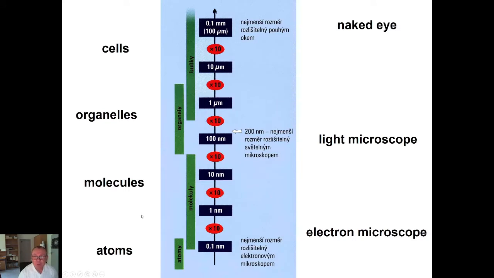You already know that we have to use light or electron microscopes in histology and embryology because our eye has very small resolution power. The resolution power of the eye is about 100 micrometers.